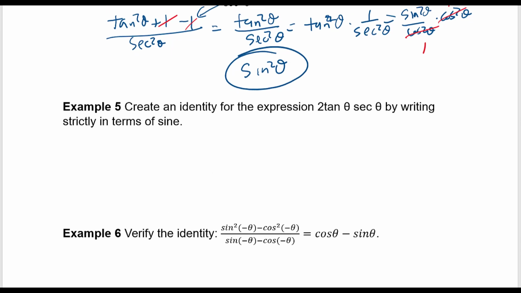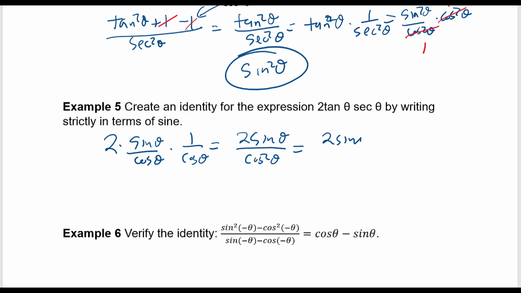Next one. Create an identity for the expression 2 tangent theta secant theta by writing it strictly in terms of sine. Okay, so this is like saying 2 times, and then tangent is sine theta over cosine theta, and secant theta is 1 over cosine theta. So nothing's going to cancel yet, but we have 2 sine theta over cosine squared theta.